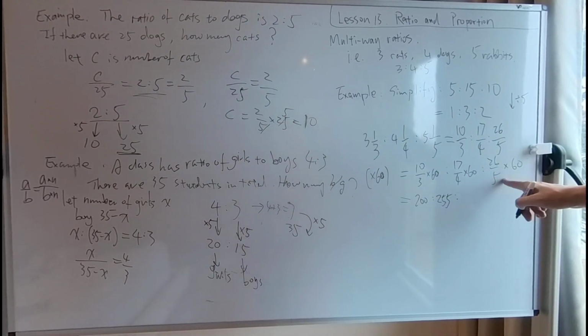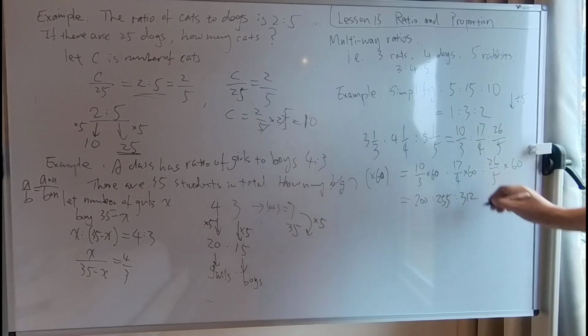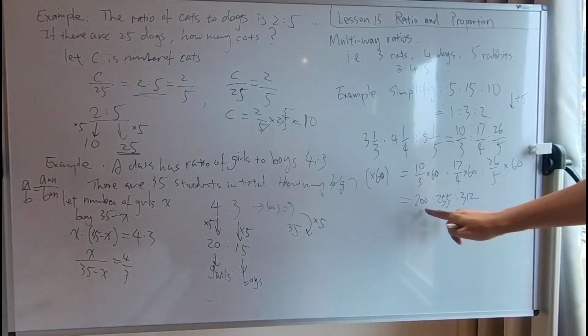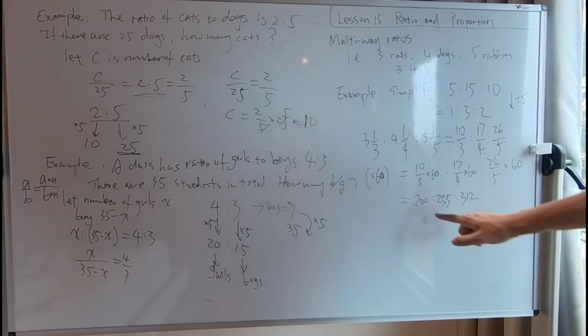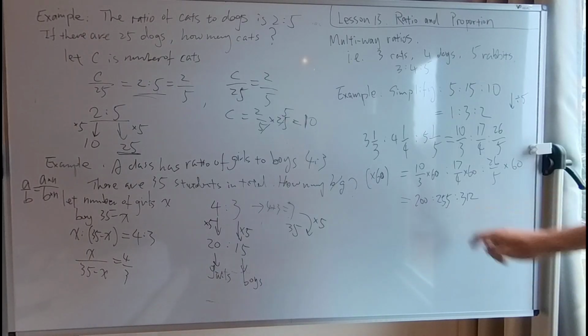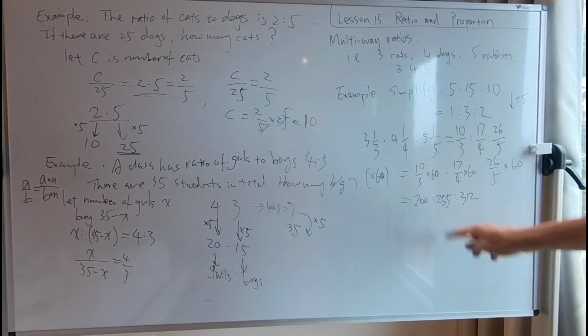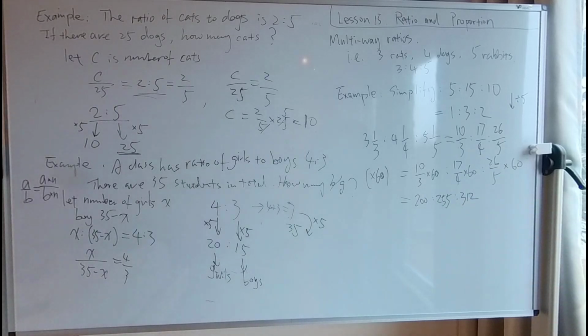And the last one is 12 times 26, which is 312. And you can further check if there exists a common factor between these 3 numbers. Remember what you learned from the number theory chapter. You can do the prime factorization or whatever technique to see if there are any further common factors. At least here I don't see a common factor between all 3 numbers. So I think this is the simplest form.